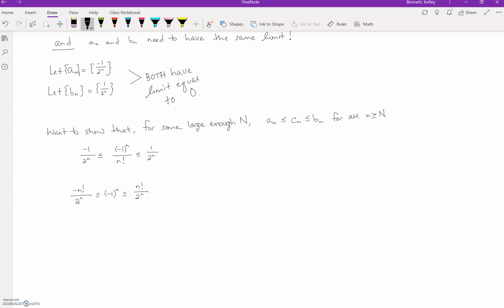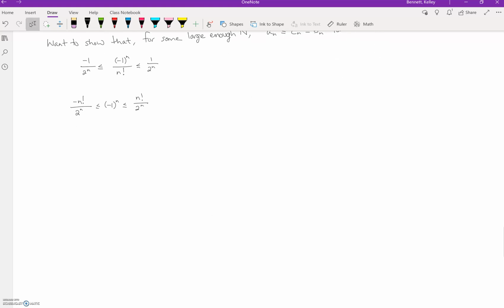Now what I'm going to do is try to find the n that's going to make this work. So the way I do that is I write out what this looks like in general. So this is negative 1 times 2 times 3 times 4 times 5 times 6, and so on, all the way up to n.